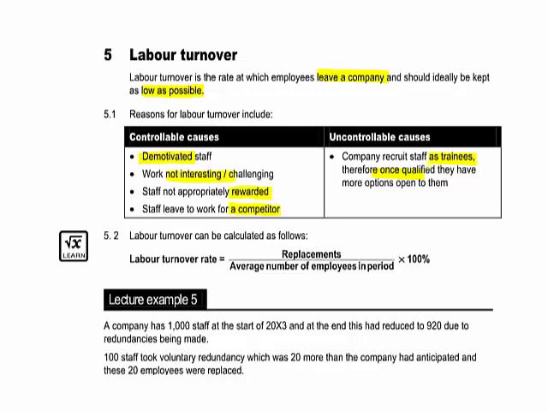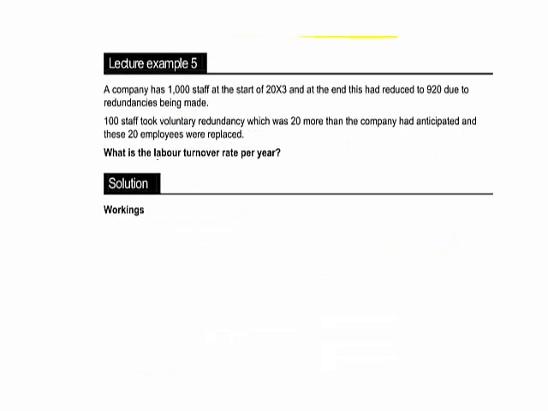Labour turnover then is another formula that we need to learn, and it's the number of replacements divided by the average employees in a period, and we express that as a percentage, and that will give us the rate of labour turnover.